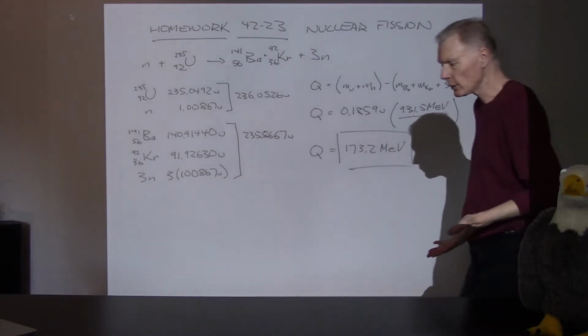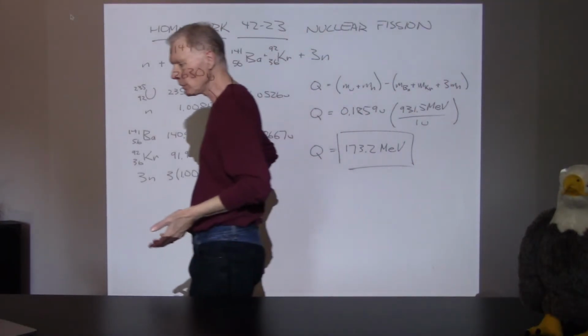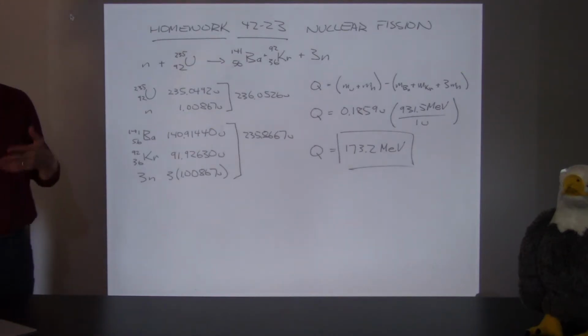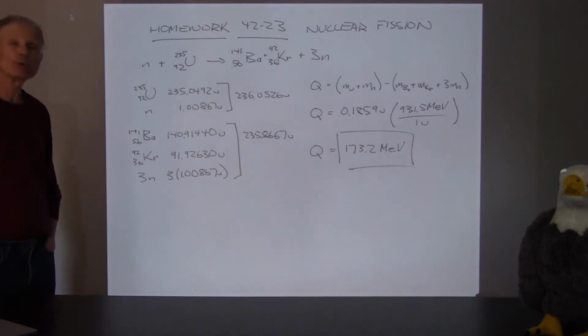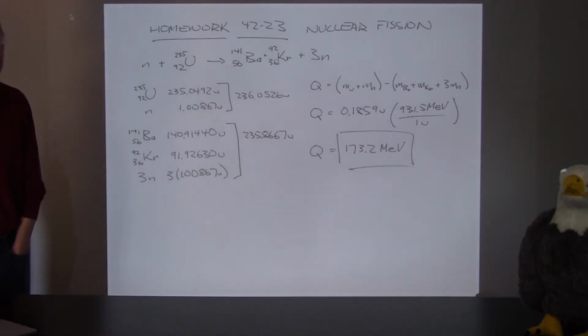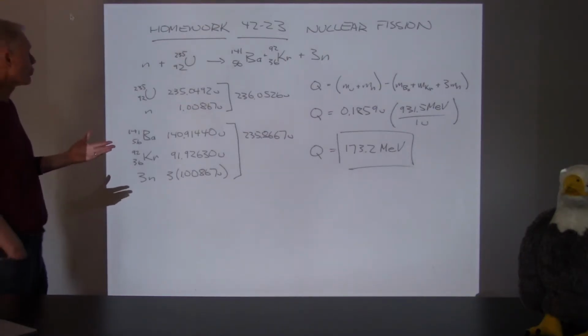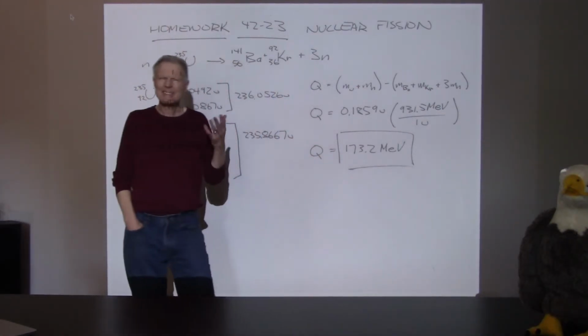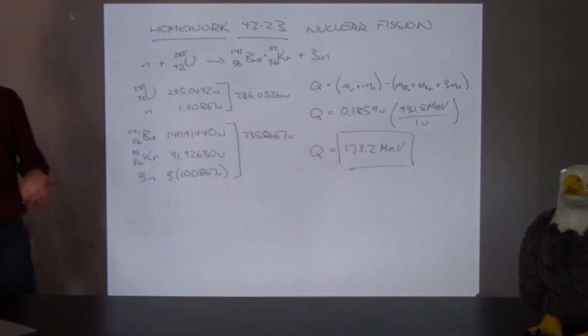When we looked at radioactive decay, we were seeing maybe 3 or 4 or 5 MeV of energy being released. And up to that point, that was the most energetic reaction we had encountered. But an individual fission reaction, this one that we're looking at right here, is releasing 173 MeV.